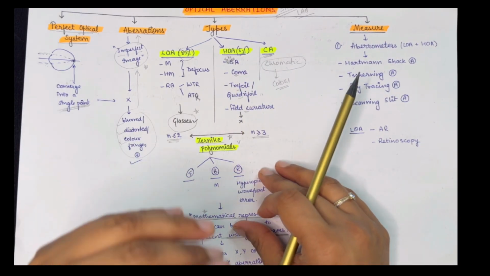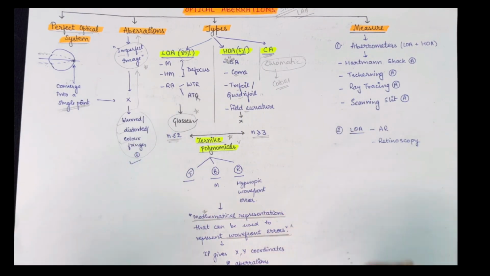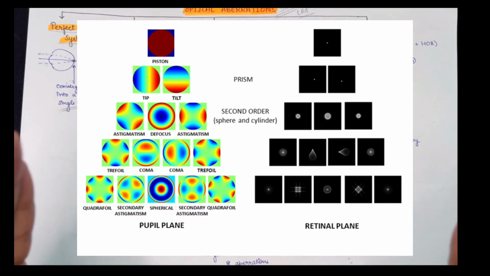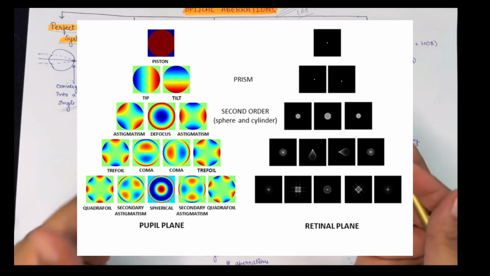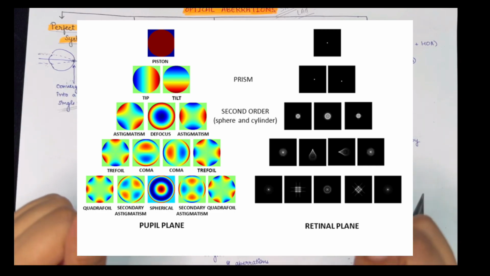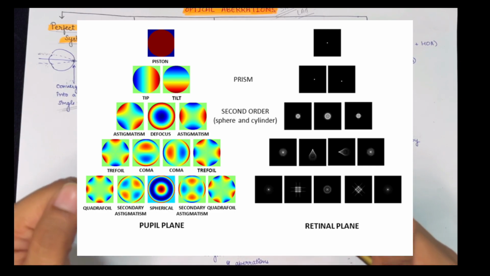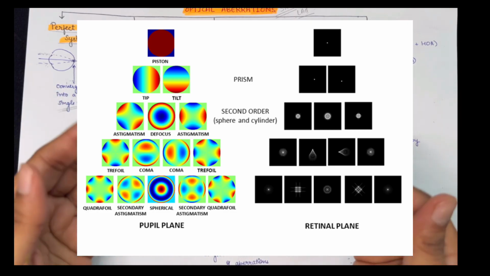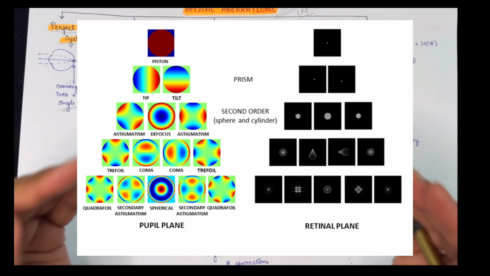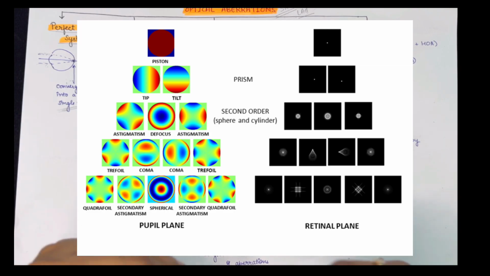Understood? Now to understand it more, see this image. Zernike generally gives us x and y coordinates of aberrations. These are mathematical representations. You can see the first one is piston, but after that you have first order, second order, third order and fourth order.